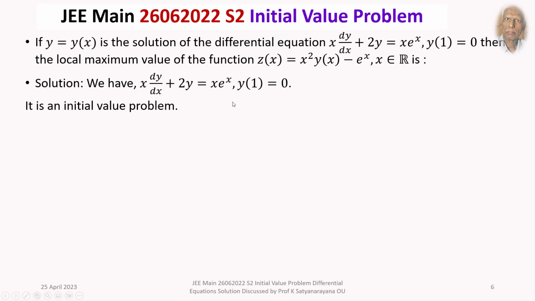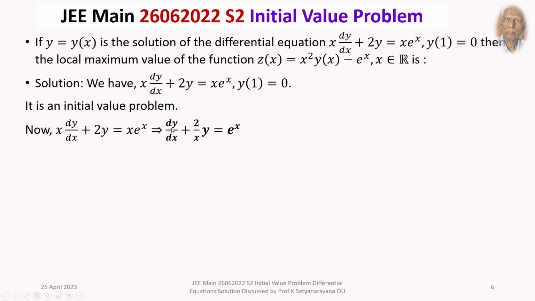Now our first step is to find the general solution of this given differential equation, then find the solution of this initial value problem. Now take that differential equation, divide throughout by x, then it takes the form dy by dx plus 2 by x into y is equal to e power x.